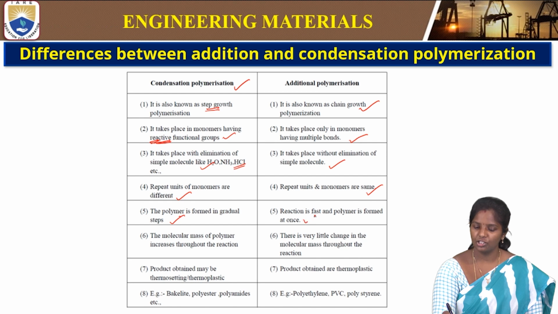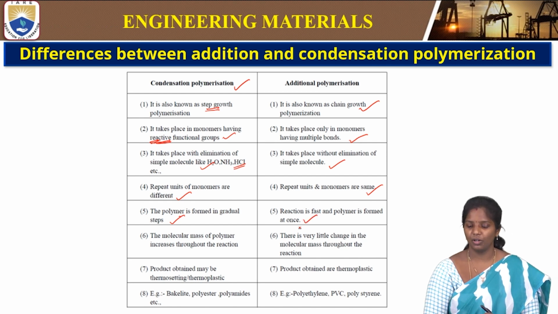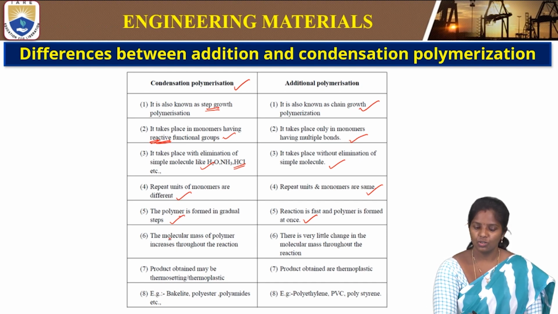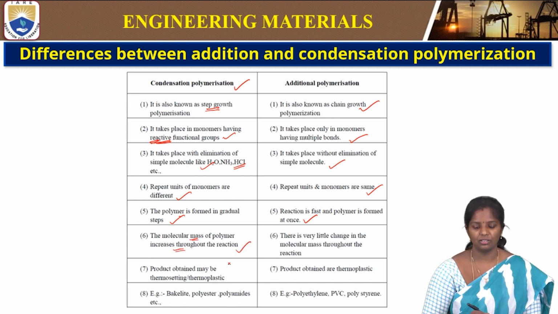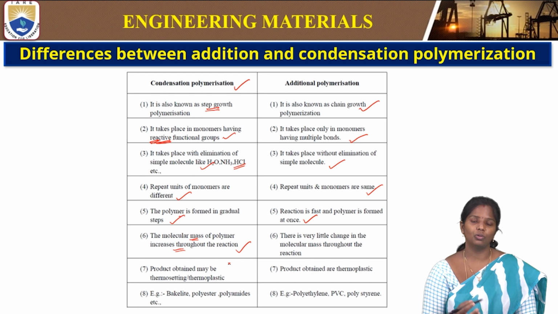In addition, the reaction is fast and the polymer forms at once. We just need unsaturation in the monomeric units, so when we add the monomers together, it reacts fast and gives the product all at once. In condensation, the molecular mass of the polymer increases throughout the reaction, because we are using two different monomers.